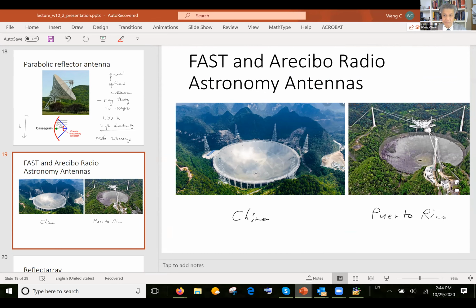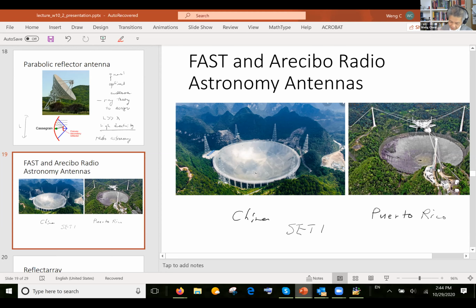Puerto Rico, and you can actually see an antenna feed. We can send out signal or receive signal being bounced off from the outer space. And this is good for something called the SETI Project. SETI Project is something for extraterrestrial intelligence.